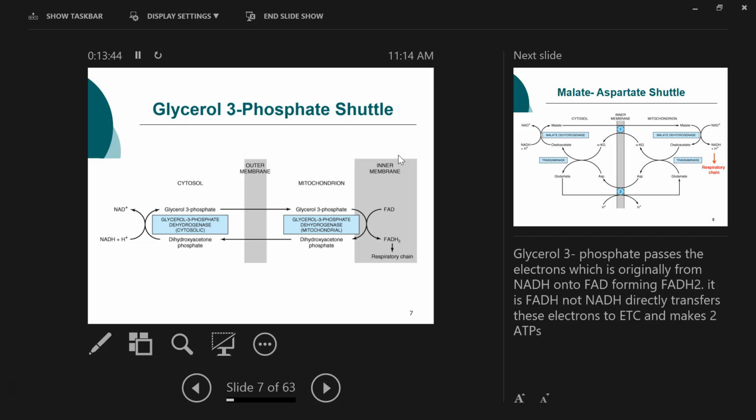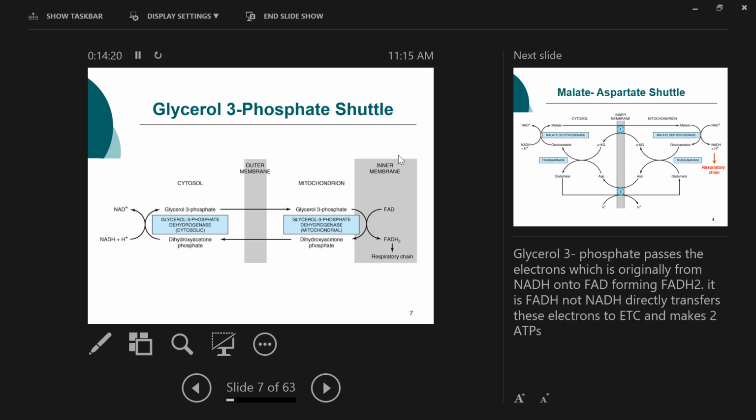Then the glycerol 3-phosphate will give the proton, which initially came from NADH, to the FAD in the inner mitochondrial membrane. FAD will receive the protons from glycerol phosphate and convert to FADH2. And it is this FADH2 that enters the electron transport chain for ATP production, right?